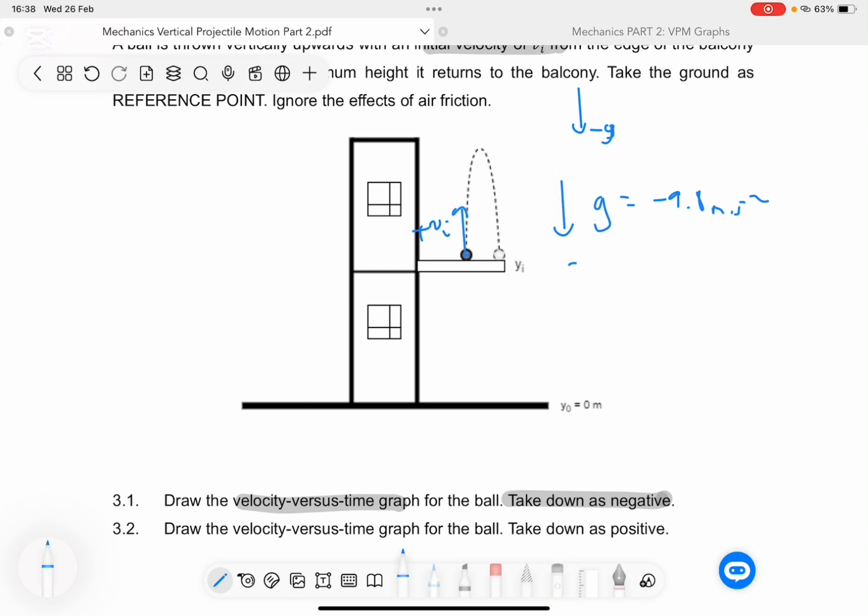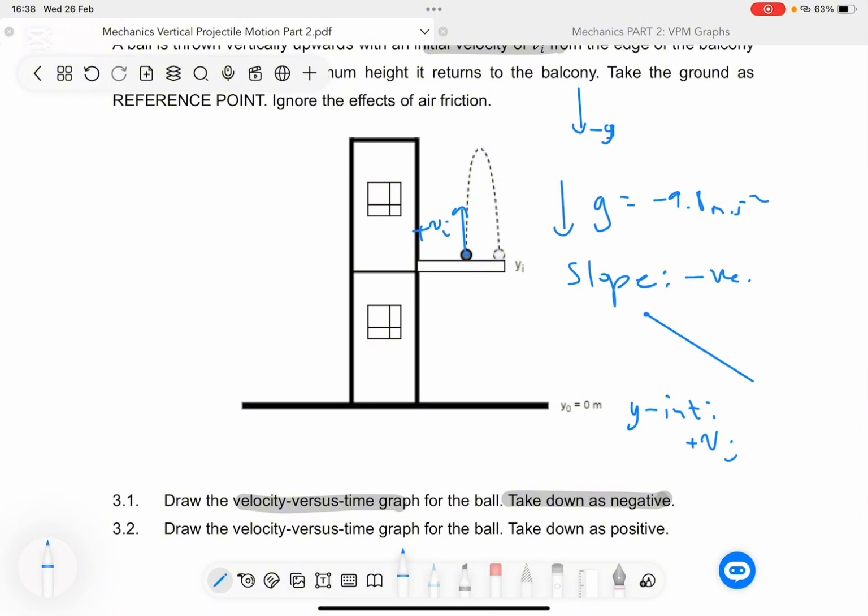Now this means that I have my slope to be negative, and if the slope is negative, my graph has to go downhill, and my y-intercept is then given by a positive vi. In other words, it cuts the y-axis in the positive part of the axis.